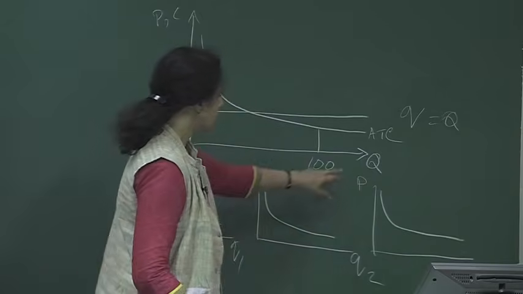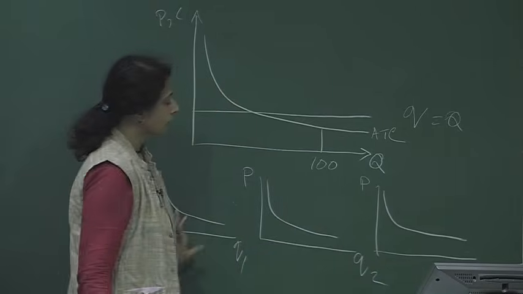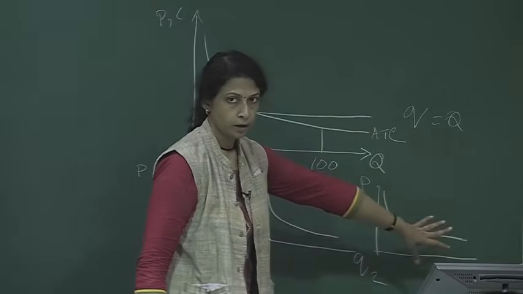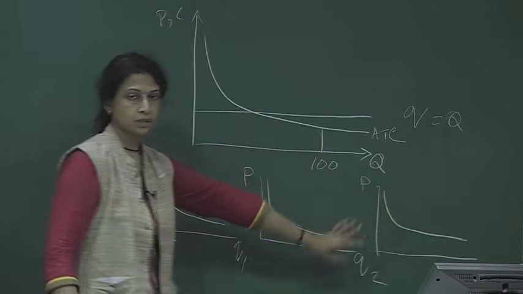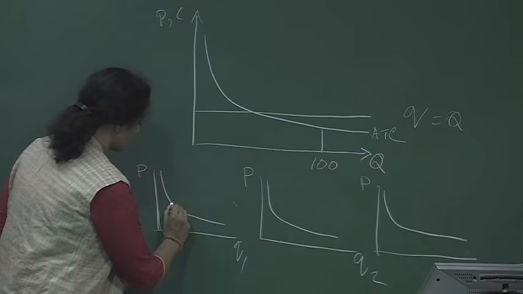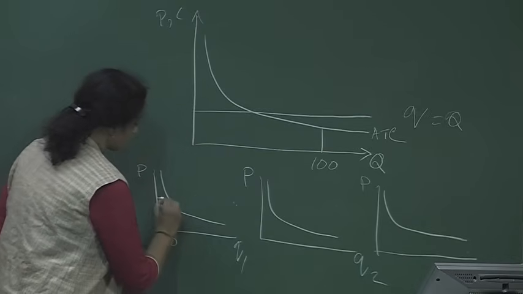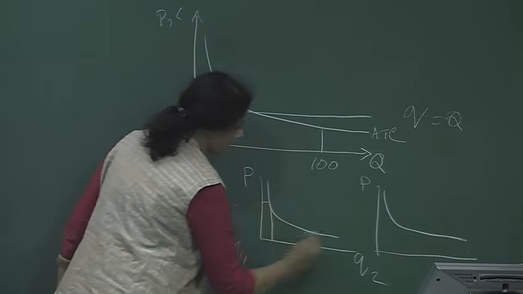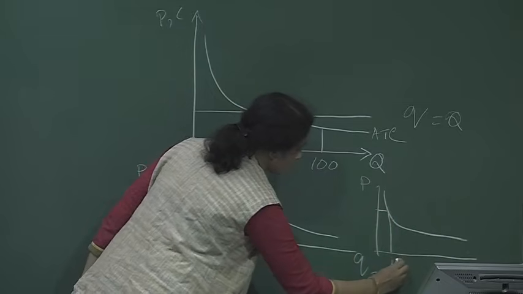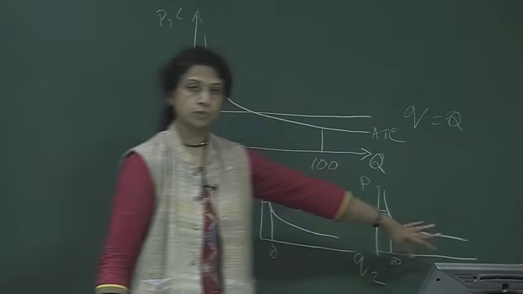So earlier 100 units were getting sold, so now if there are 10 such small power plants, each of them is say selling around 10 units. If they are selling around 10 units, which is maybe here, the cost becomes very high for all the small power plants.